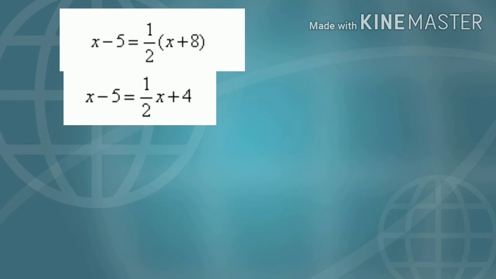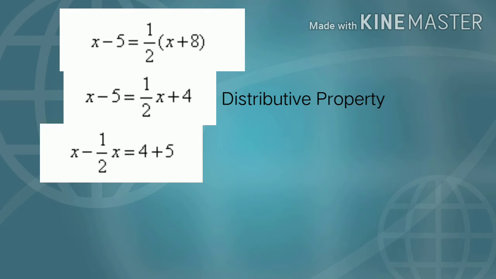From our resulting equation, we will distribute 1/2 to x plus 8. So 1/2 times x is 1/2 x, and 1/2 times 8 is equal to 4. Then we will isolate x by subtracting 1/2 x on both sides and adding 5 on both sides.